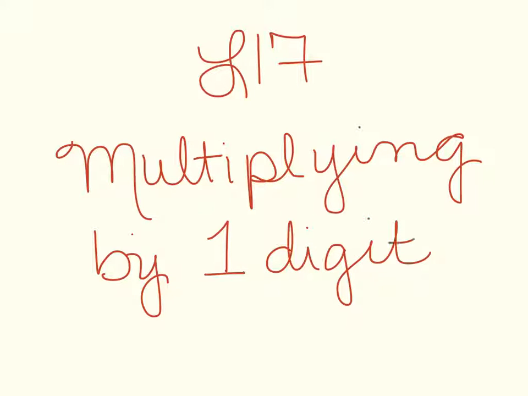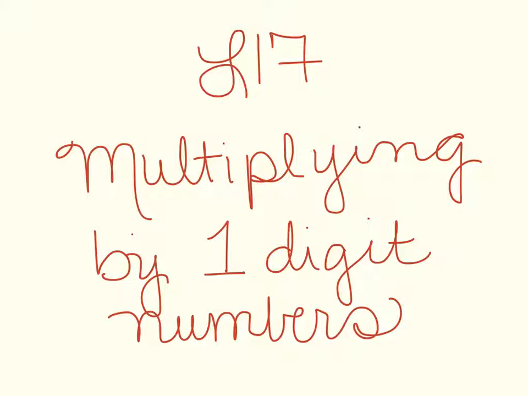Multiplying by one-digit numbers. Now, if you have not noticed already, we are moving quickly. We are moving through addition, through subtraction, and now we're getting to multiplication.